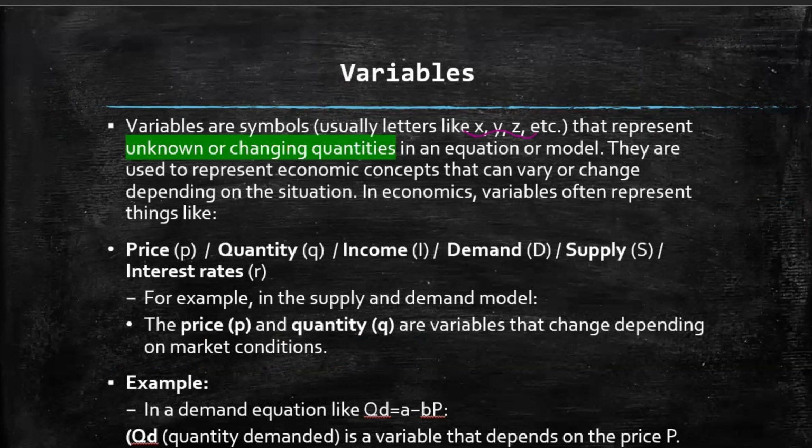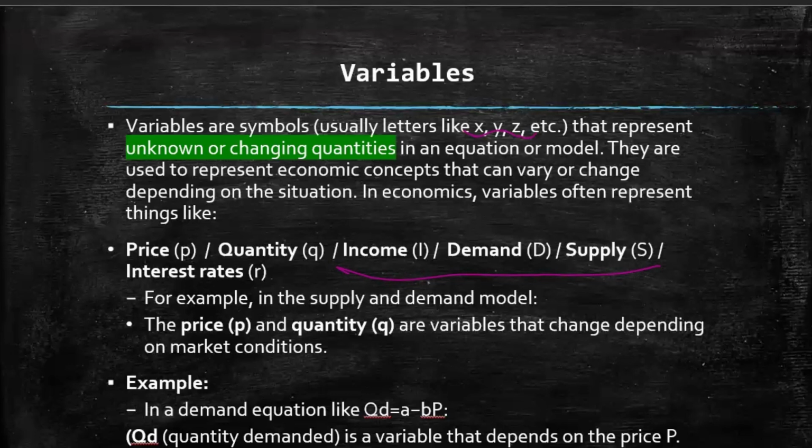We'll understand what an equation is later on, but right now, let's understand that variables mean something that varies. So let's suppose we are talking about price. Price can vary, quantity can vary, income can vary, demand, supply, all these things can change. They will be the variables in our economic relationships.